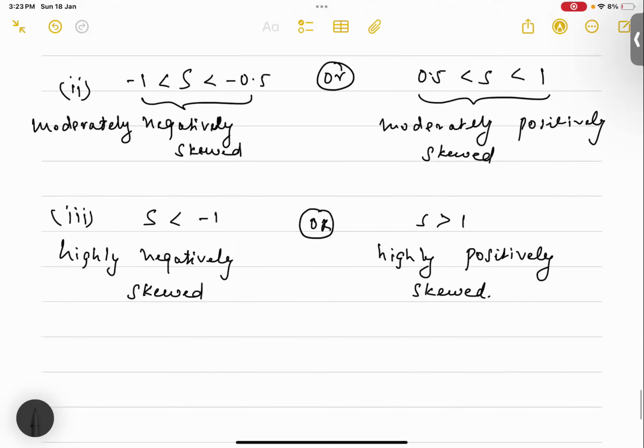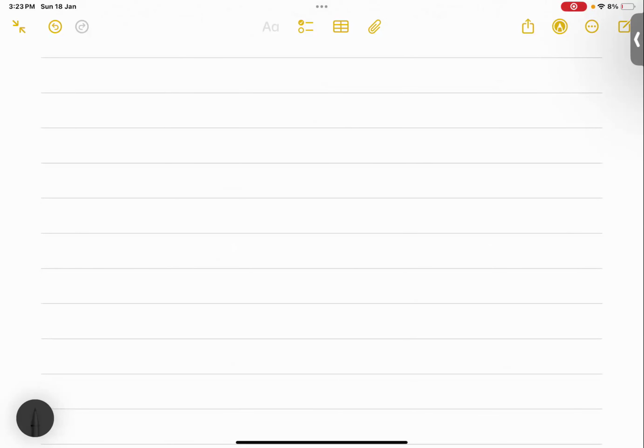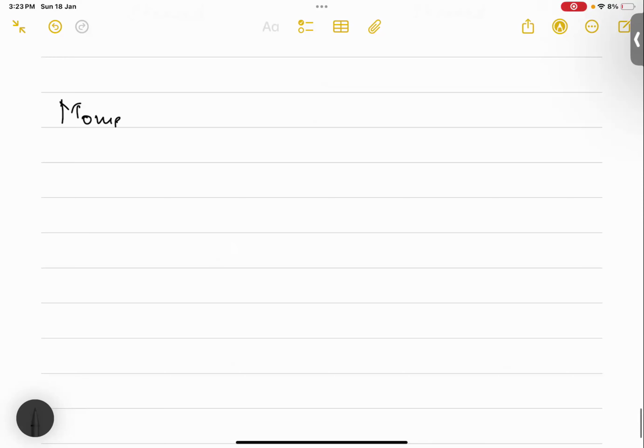Next one. Moment coefficient of skewness.